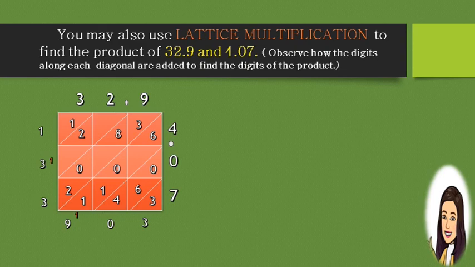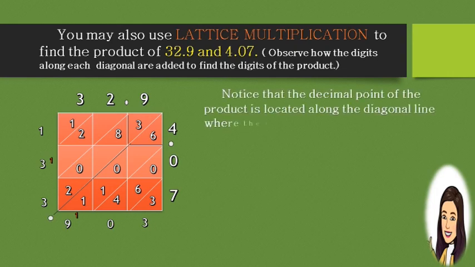Now, look at the decimal point where they intersect. Notice that the decimal point of the product is located along the diagonal line where the lines through the decimal points intersect.